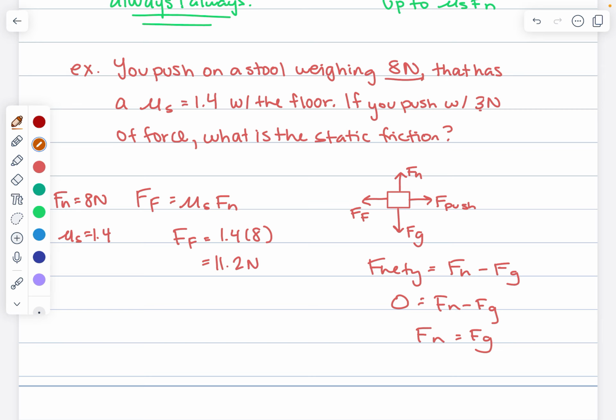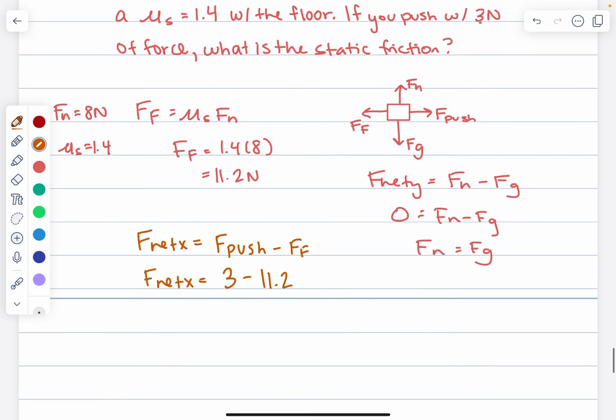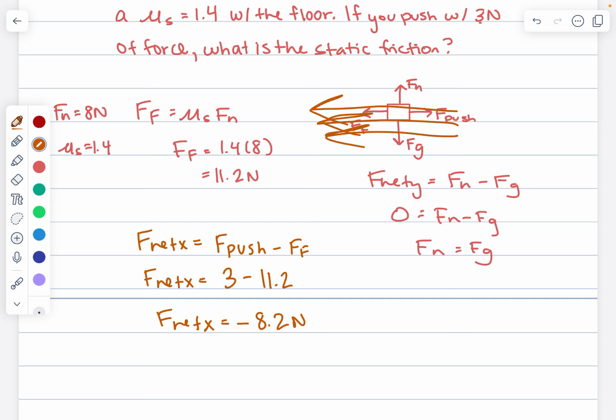But how would that work? Okay, so then my F net x equation is equal to F push minus FF. So F net x is equal to 3 minus 11.2. So F net x is now equal to negative 8.2. So that means what should this stool be doing? If it has a net force, that means it has to be accelerating in that direction. That doesn't make any sense.